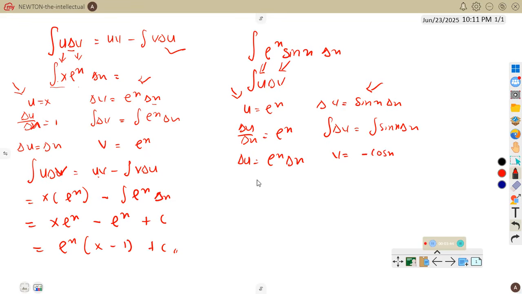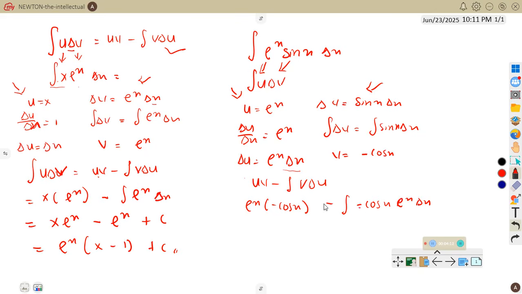So now applying our formula, we have uv minus the integral of v du. Our u is e to the power of x multiplied by v, which is minus cos x. Then we have minus the integral of v, which is minus cos x, then du, which is e^x dx.